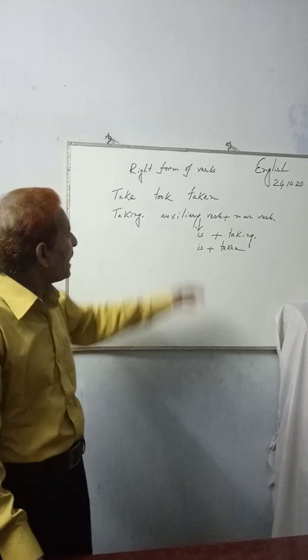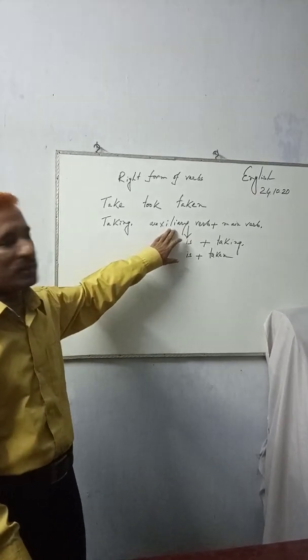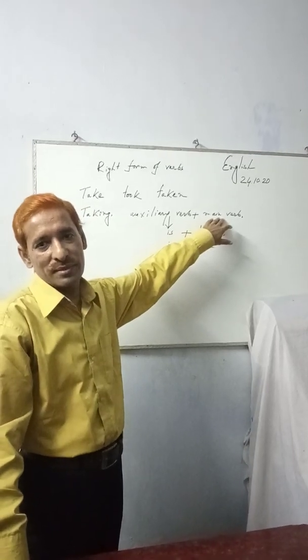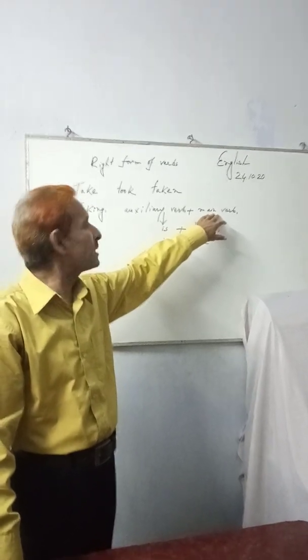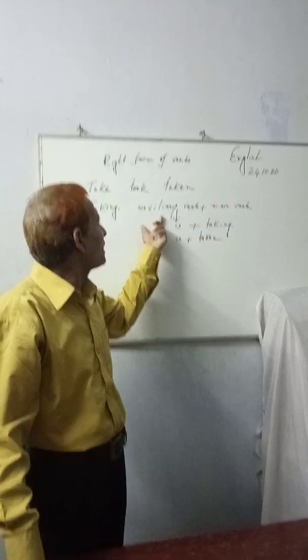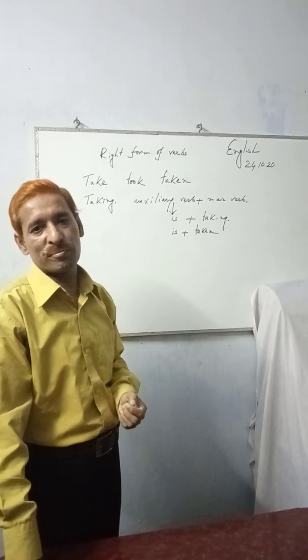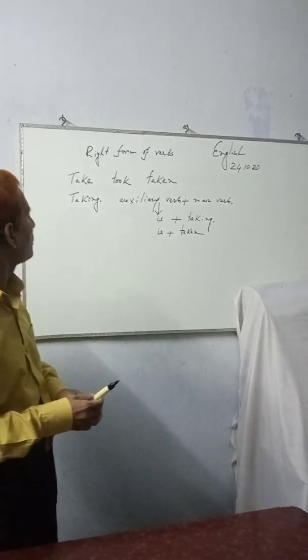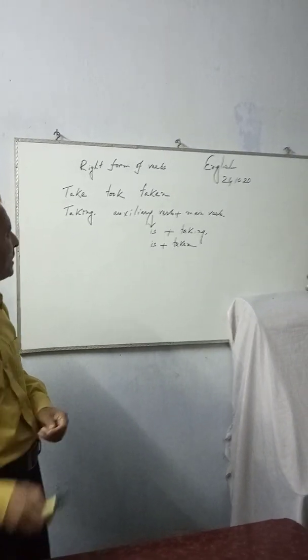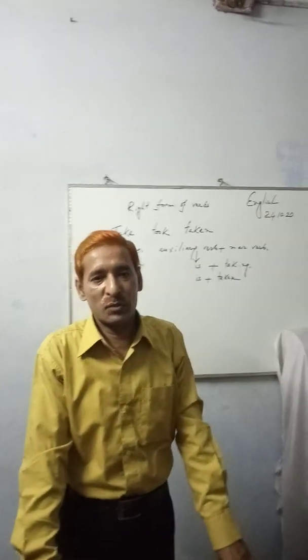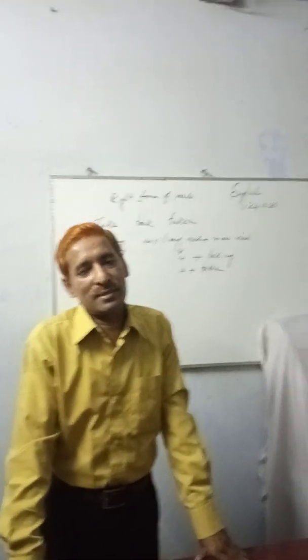And according to tense, main verb changes. Main verb changes after auxiliary verb. You should know. Now we shall see how right form of verb is related to tense.